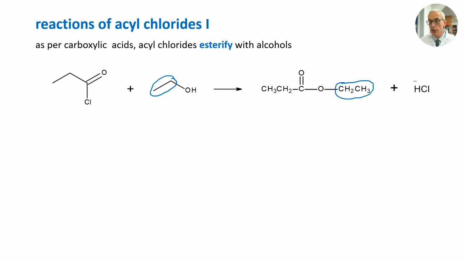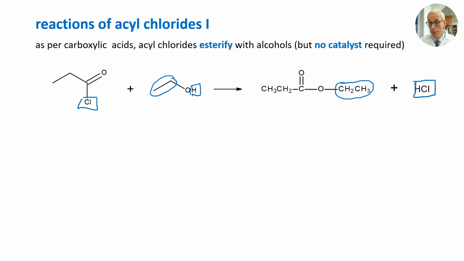The end product is not water, but is hydrogen chloride. So we're taking a hydrogen from the alcohol and the chlorine from the acyl chloride, and those are combining to form hydrogen chloride. So it is still a condensation reaction, but the small molecule that is lost is hydrogen chloride.